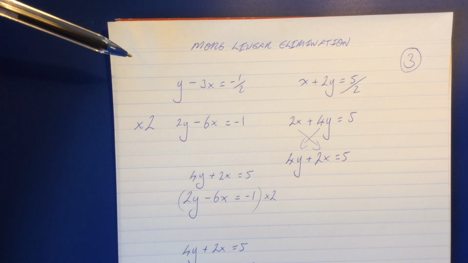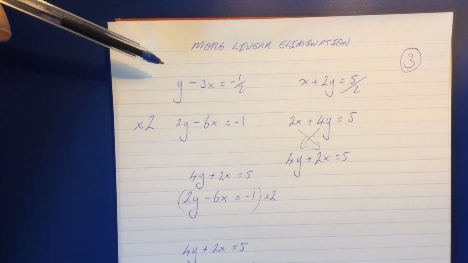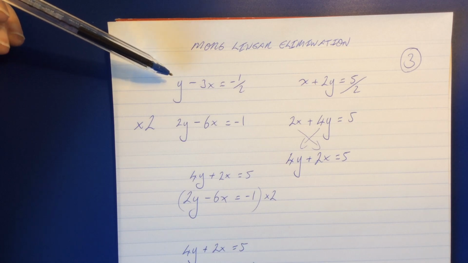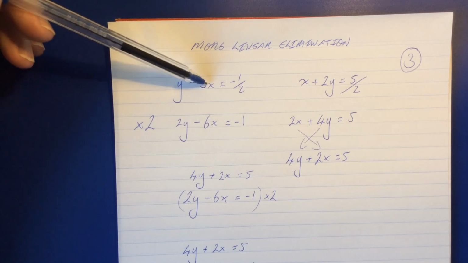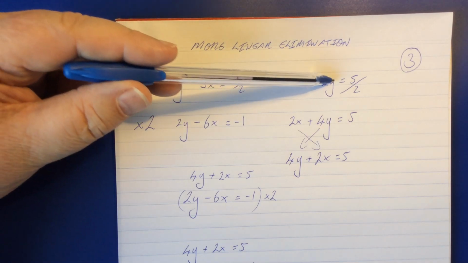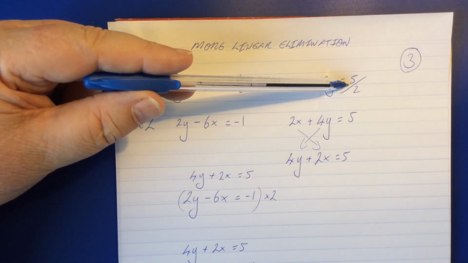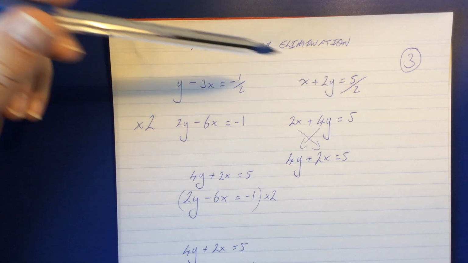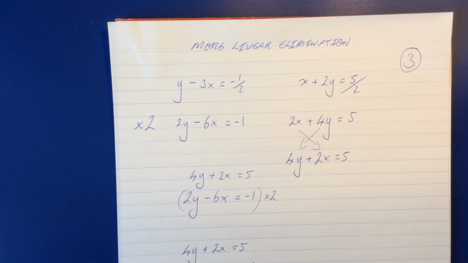And so, what have we got here? Well, we've got two equations. y minus 3x equals negative a half, and x plus 2y equals 5 over 2. Right, so what am I going to do? Well, I'm going to get rid of the fractions first.